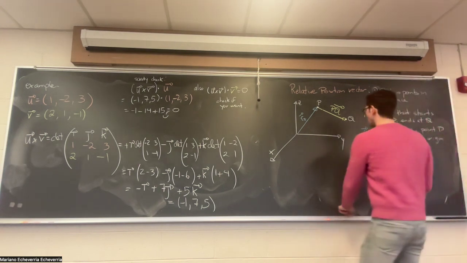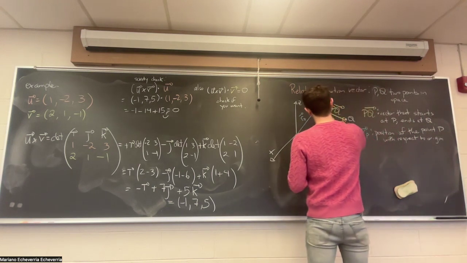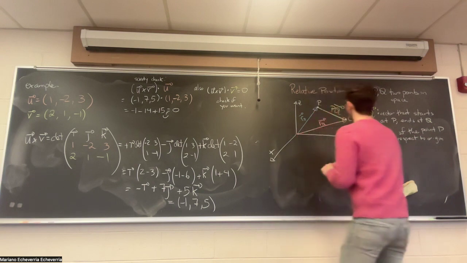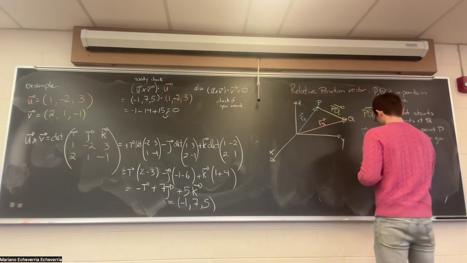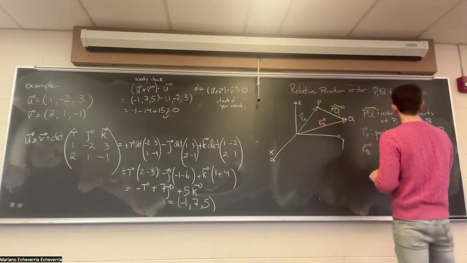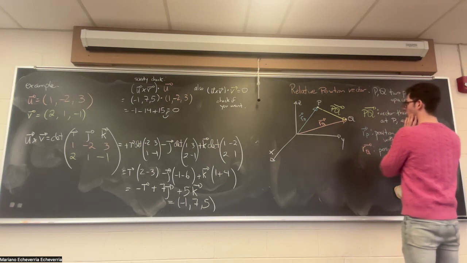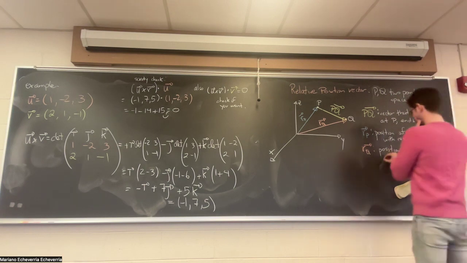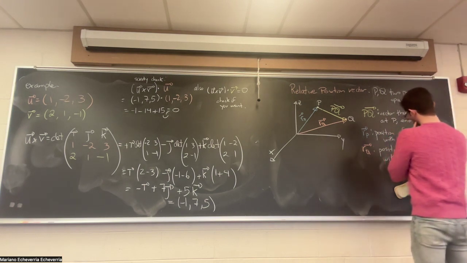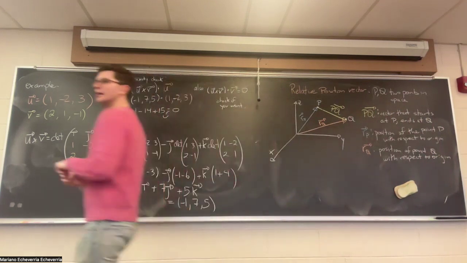And then there's the same for Q, so I'll call it R sub Q. R sub Q is the position of the point Q with respect to the origin. Okay, so far so good.